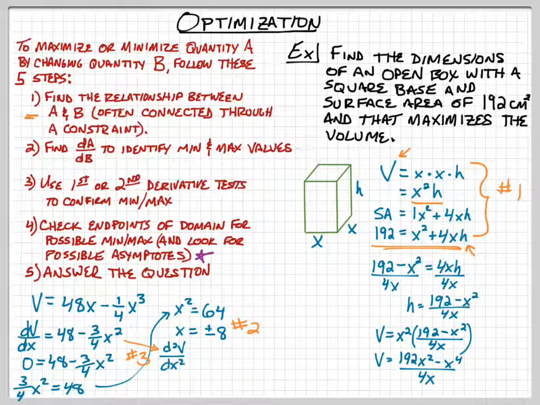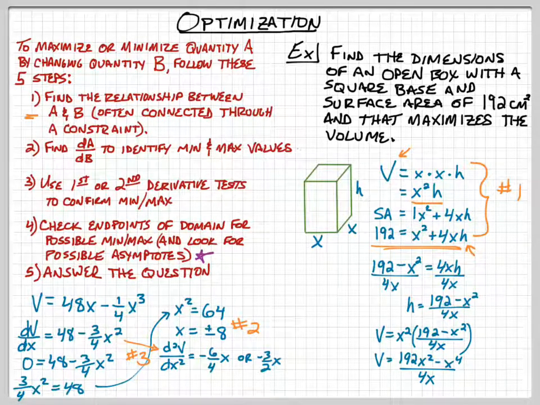So we'll take the second derivative, and the reason I'm taking the second derivative is because I know that since I have a quadratic for my first derivative, my second derivative is going to be a linear equation, which means it's either going to be a positive or a negative linear equation. So it makes looking for the minimums and maximums a lot easier than plugging things into the first derivative test using our first derivative.